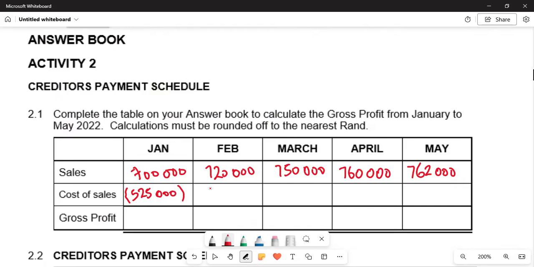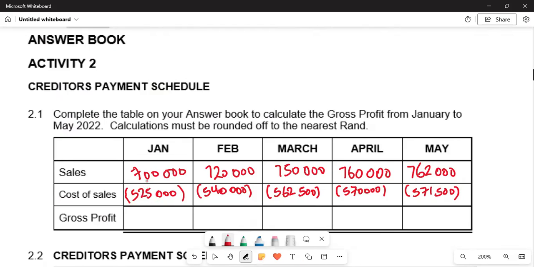For February is 540,000. For March, 562,500. For April, 570,000. For May is 571,500. So these are our sales.